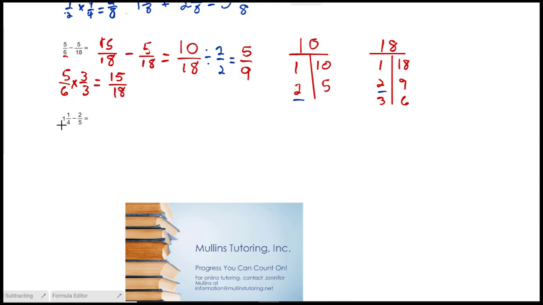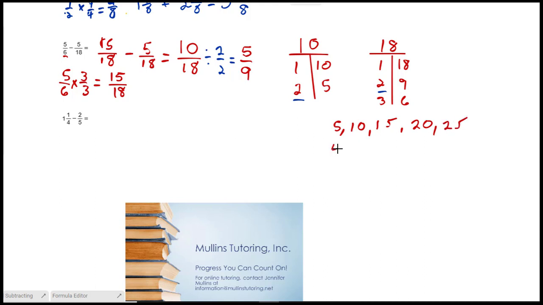Our last problem, we have 1 and 1/4 minus 2/5. So another way that you can find out what the least common multiple is, is to create the multiples for the problem. So here we have 5, 10, 15, 20, 25.